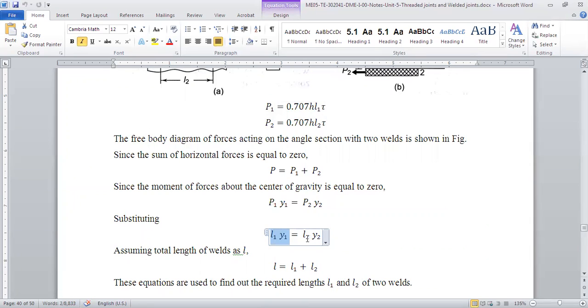All right. So now from this we know there are two things. First, total length L is equal to L1 plus L2, and L1 Y1 is equal to L2 Y2. So the distance of your weld from the center of gravity multiplied by the length of the weld is equal to the similar moment from the other side.